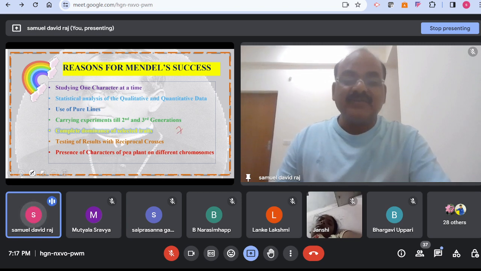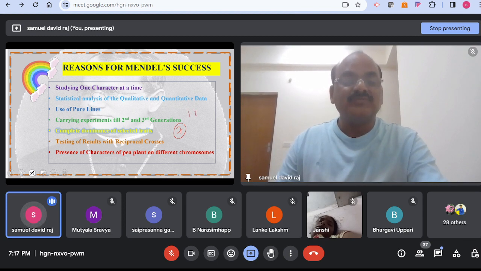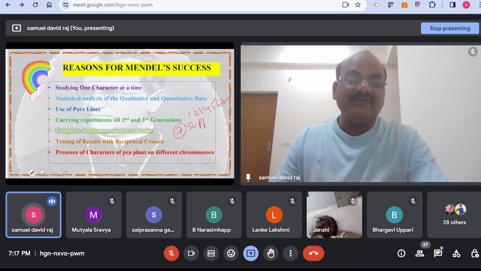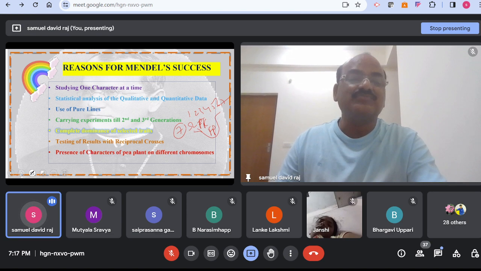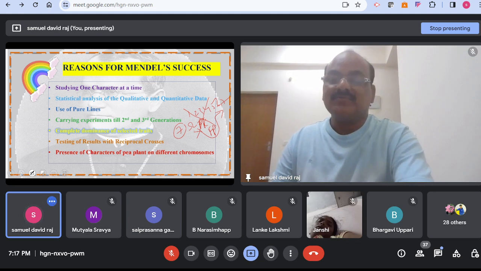And let us say there are seven pairs of chromosomes in Pisum sativum. We may think that if first chromosome, second, third, fourth, five, six, seven, then stem length character is present on one chromosome, flower color on one chromosome, flower position on one chromosome. Likewise, all the seven characters are distributed on the seven pairs of chromosomes. We may think so, but actually this is not the case.